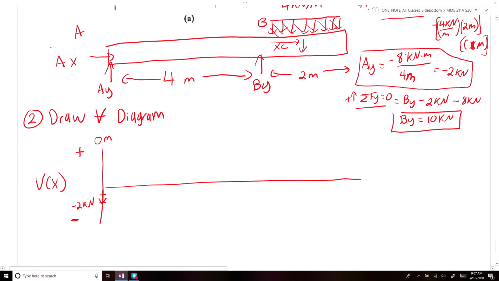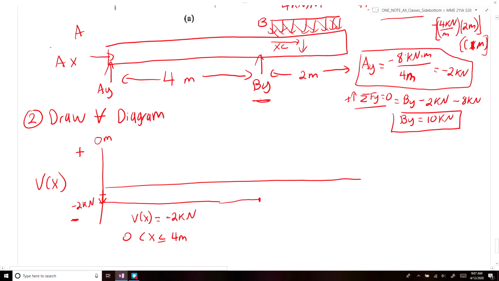Alright, and then there's no applied loads at all from point A to point B, so we would just have a constant value of shear, so V of x is just going to be equal to minus 2 kilonewtons from x is 0 until it gets to 4 meters. Then at 4 meters, we have a concentrated force again.